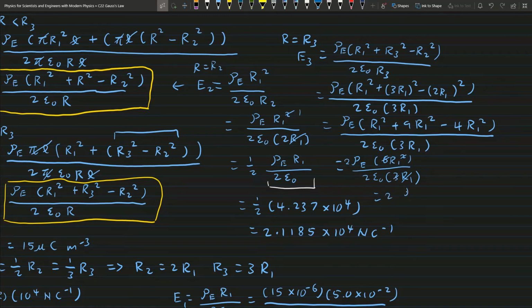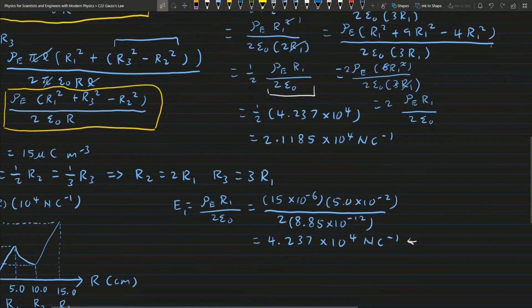So we have 2 rho E R1 over 2 epsilon naught. Now here you can see this part is just equal to E1. That means you can directly use the answer we calculated for E1 multiplied by 2.